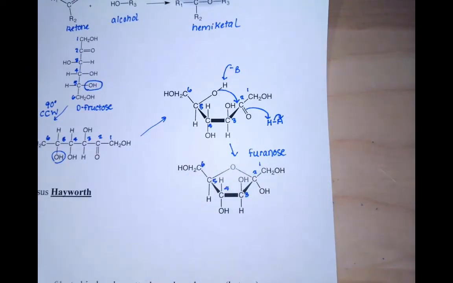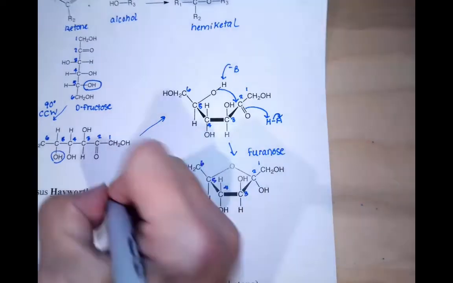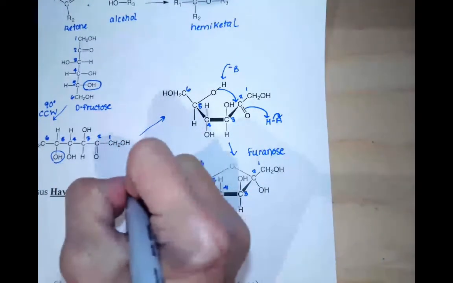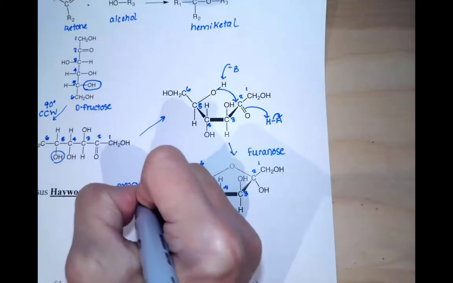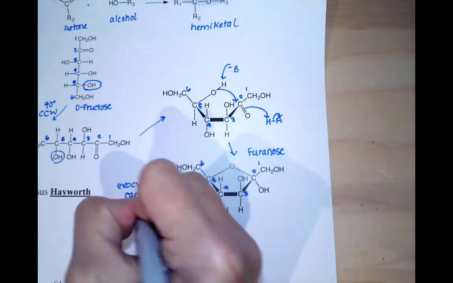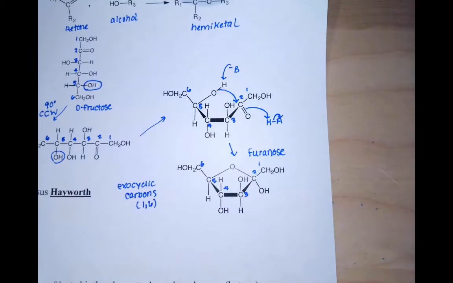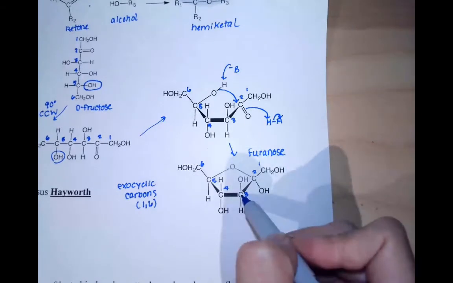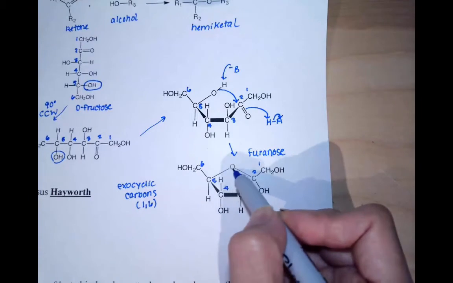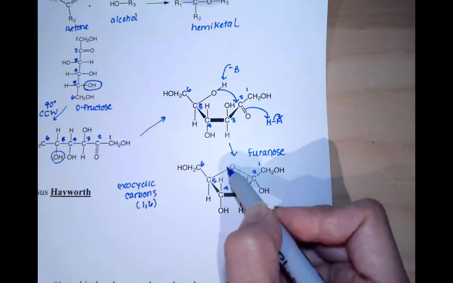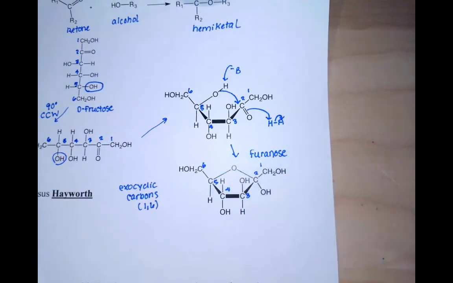So those are our exocyclic carbons. We can see that the ring itself contains carbons number 2, 3, 4, 5, and then the oxygen that was attached to carbon number 5. It used to be an alcohol, now it's in the ring, and that's what gives us our 5-membered ring.